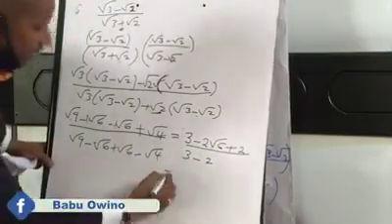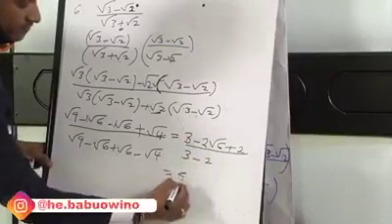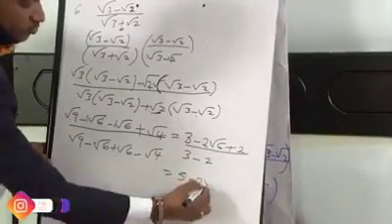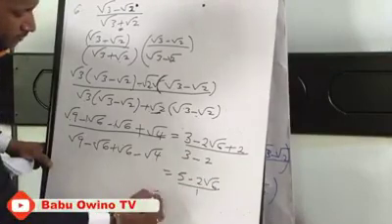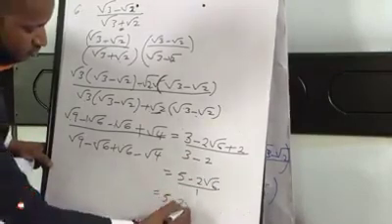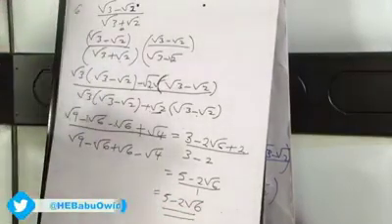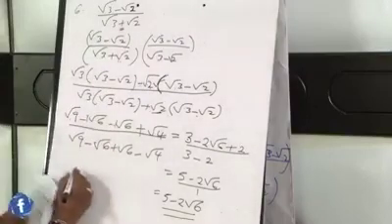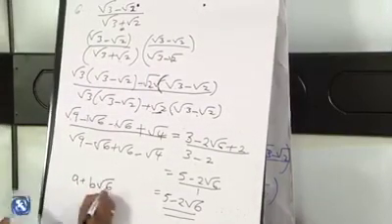So from here, we have 3 plus 2, you get 5 minus 2 root 6, divided by 3 minus 2, which is 1. So we have 5 minus 2 root 6. This is our answer. But remember, we've been advised to write our answer in the form of a plus b root c.